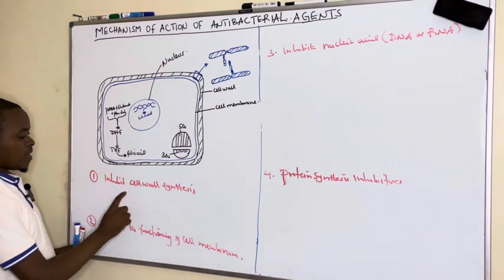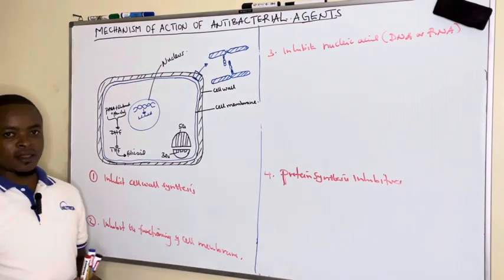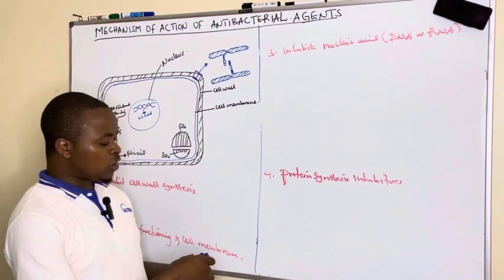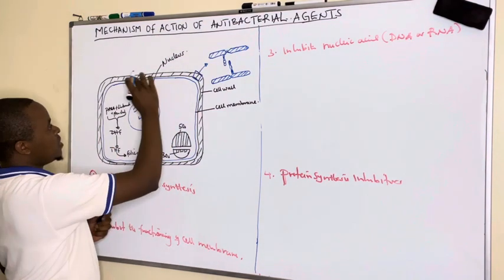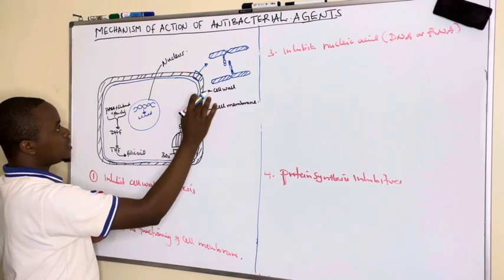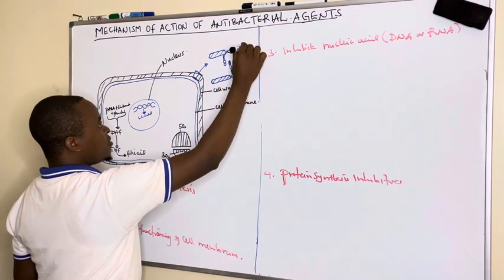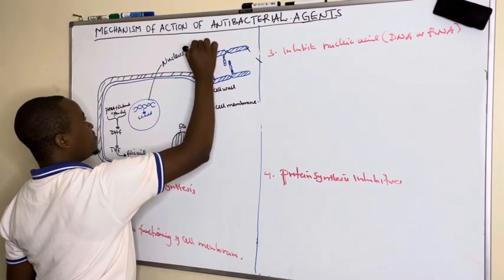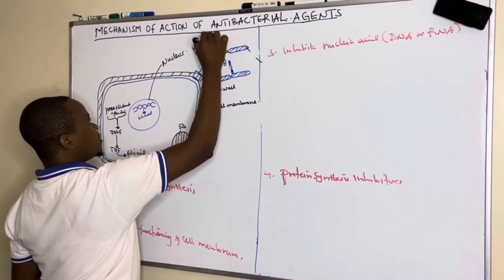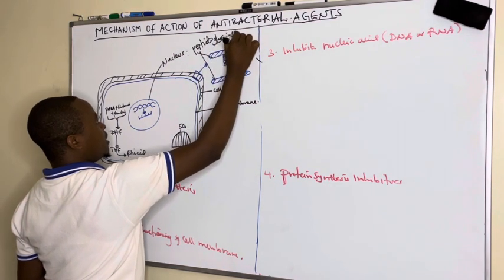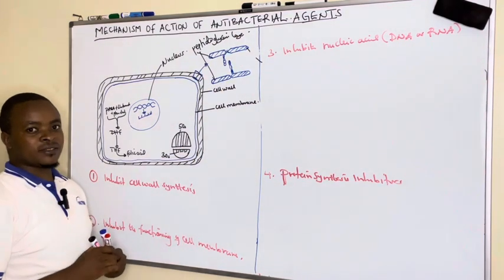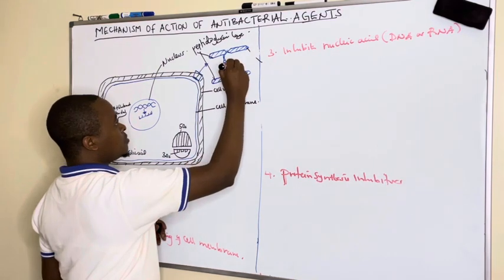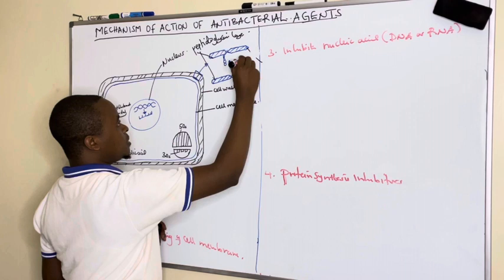As we begin with number 1, inhibitors of cell wall synthesis. We know that the bacterial cell is surrounded by a cell wall, and this cell wall is made up of what we call peptidoglycan layers. These peptidoglycan layers are cross-linked with each other using penicillin binding proteins.